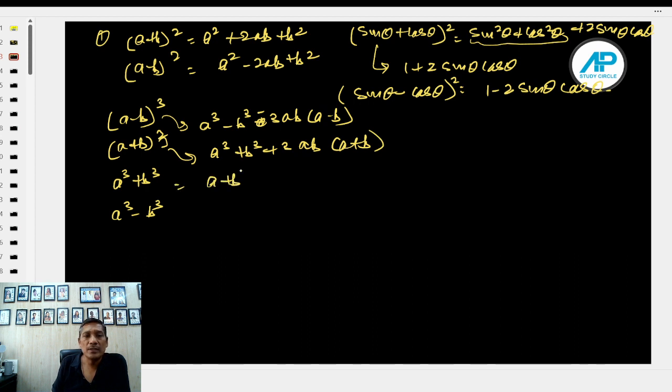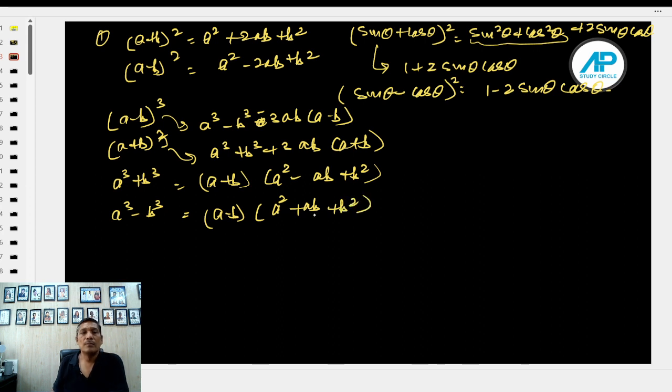This would give me a minus b, a squared plus ab plus b squared, and a plus b, a squared minus ab plus b squared. So that's how we use these identities in our calculations.